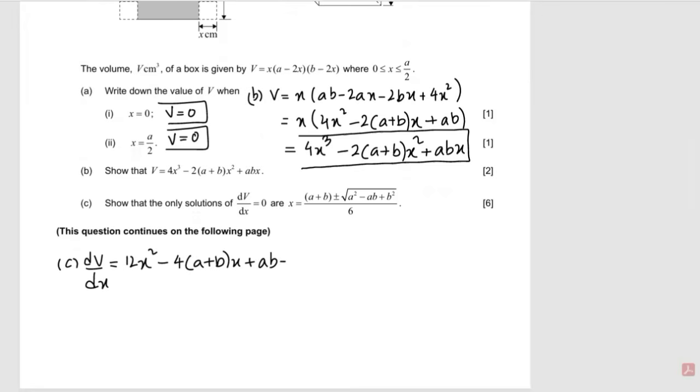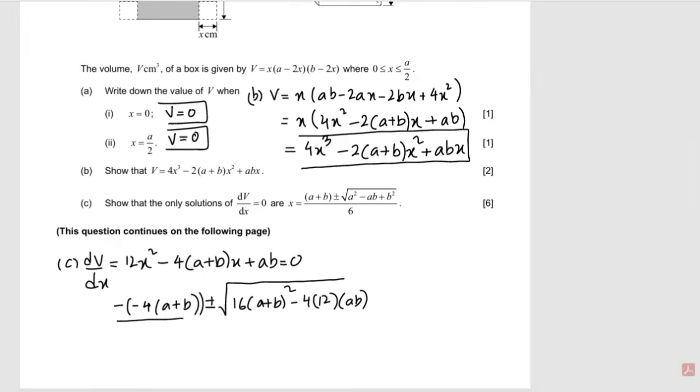And now put it equal to 0. This is a quadratic expression. Let's go with the quadratic formula. So minus b, plus or minus root of b squared, which is going to be 16(A plus B) whole squared, minus 4 times 12 times AB. And divide the whole thing by 2a.